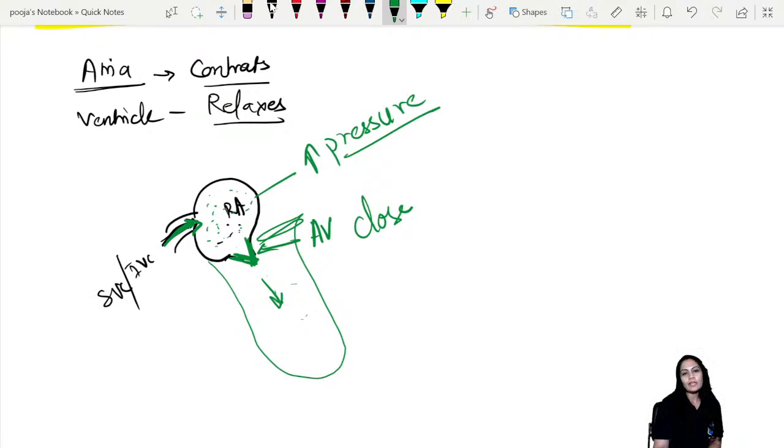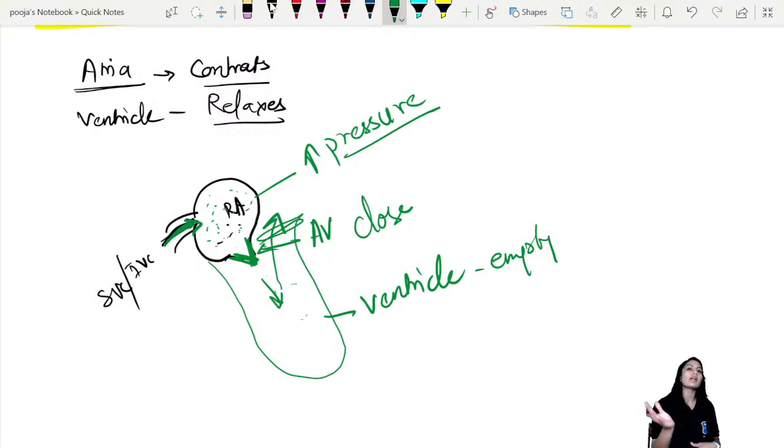Now, the ventricles, once they ejected the blood out, will be empty. And till that time, when they were ejecting the blood, at the same time, the inferior and superior vena cava filled up the right atrium. So the atria will be filled, and because of that the pressure is going to go higher.